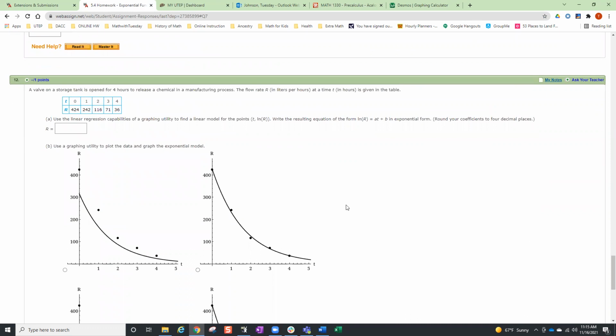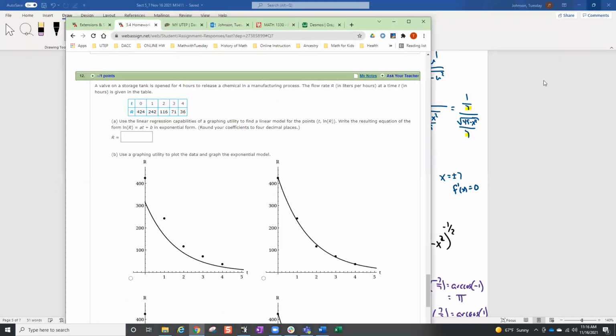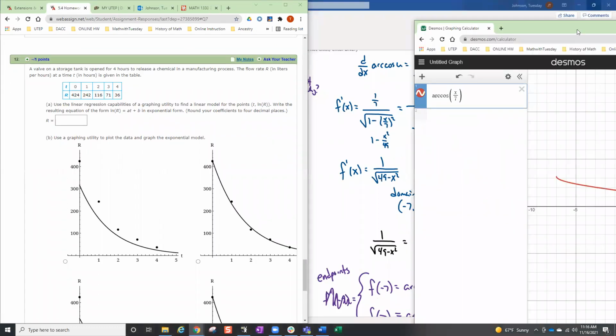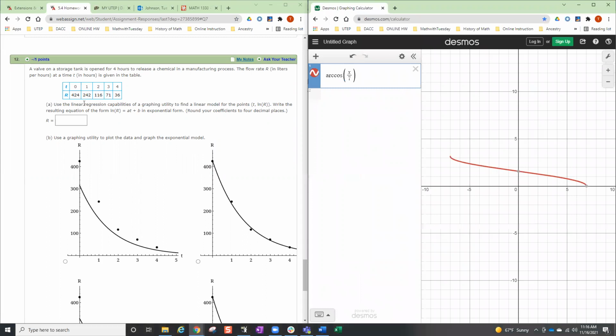Yes, this one. So I want to talk about this one a little bit because the recording didn't happen. Let's look at this side by side again. A valve on a storage tank is open. I just want to go through how to set this up on Desmos.